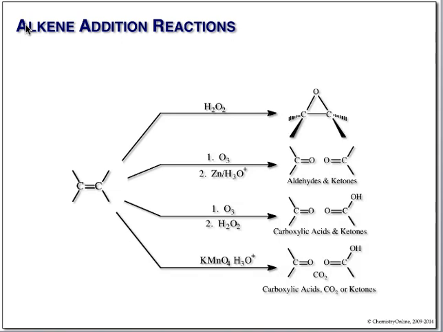This is an epoxide. We can split it with ozone. We can work it up with dissolving metal, or reductively here, or oxidatively, and get carboxylic acids, aldehydes, ketones, and finally a very brutal reaction here, permanganate. We can split, get things like CO2, acids, and ketones.